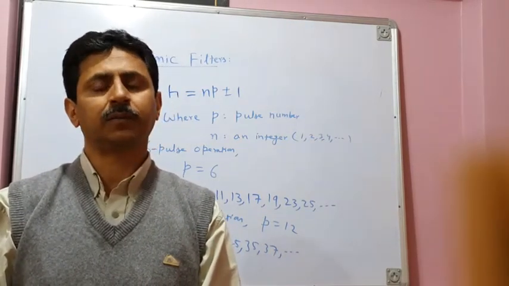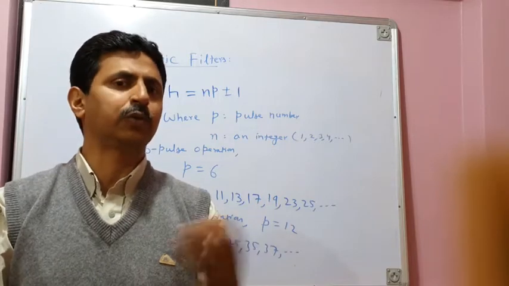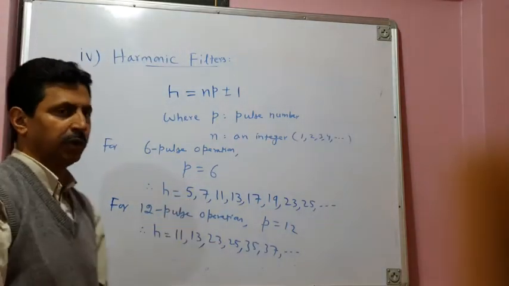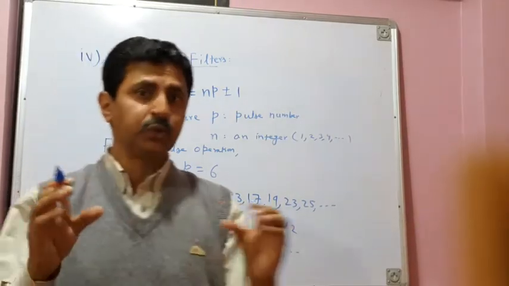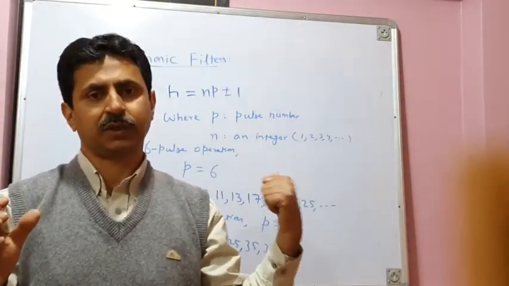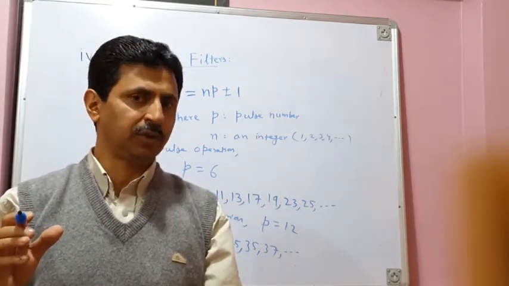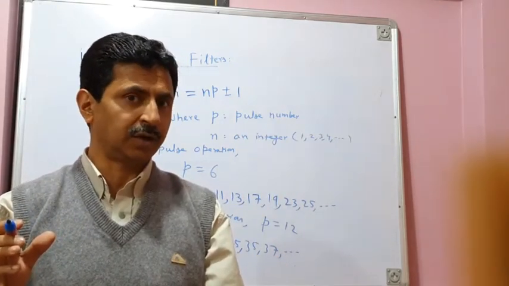Now, these harmonic filters are tuned to a particular frequency. For example, if you wish to suppress the 5th harmonic, you have to design a single tuned filter which is tuned to the 5th harmonic frequency. So it suppresses only this 5th harmonic frequency. It cannot suppress other order harmonics.